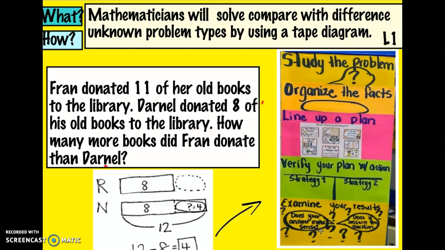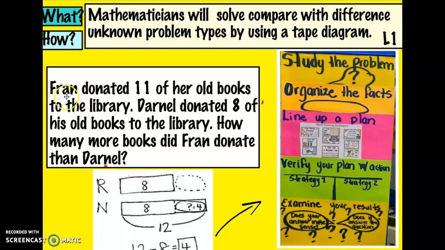Are you ready to read the problem with me? Let's see. It says, Fran donated 11 of her old books to the library. Darnell donated 8 of his old books to the library. How many more books did Fran donate than Darnell?